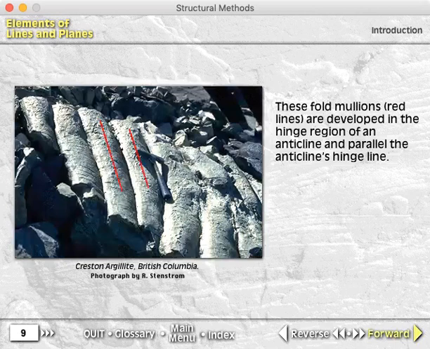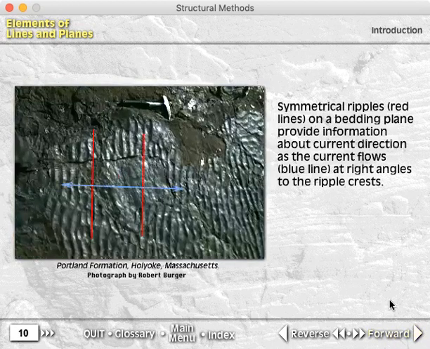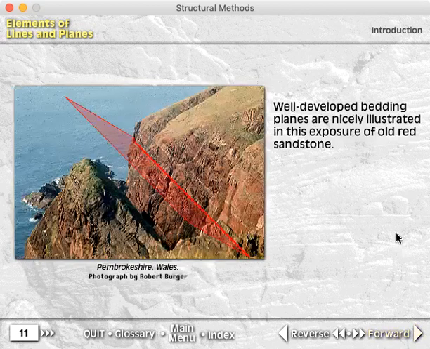These fold mullions, red lines, are developed in the hinge region of an anticline and parallel the anticline's hinge line. Symmetrical ripples, the red lines, on a bedding plane provide information about current direction as the current flows, the blue line, at right angles to the ripple crests. Well-developed bedding planes are nicely illustrated in this exposure of old red sandstone.